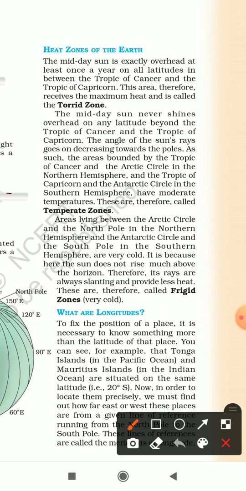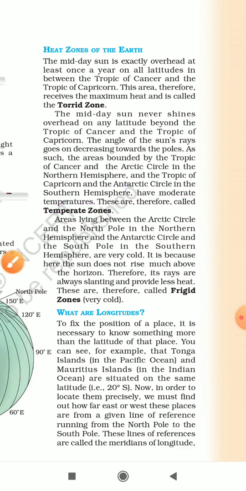As such, the areas bounded by Tropic of Cancer and Arctic Circle in the northern hemisphere and the Tropic of Capricorn and the Antarctic Circle in the southern hemisphere have a moderate temperature and are called temperate zones. So temperate zone is between Tropic of Cancer and Arctic Circle in the north and Tropic of Capricorn and Antarctic Circle in the south or southern hemisphere.